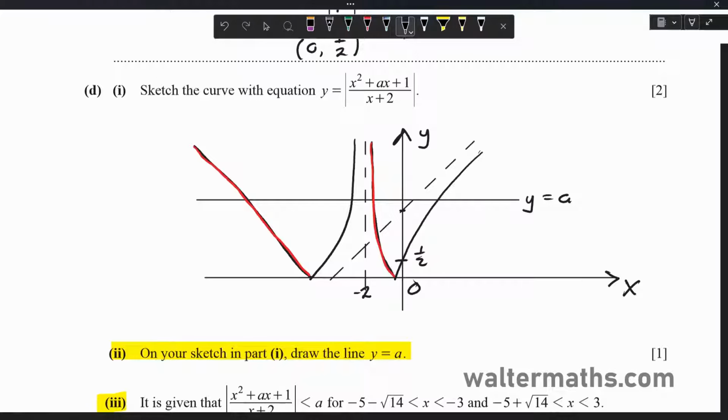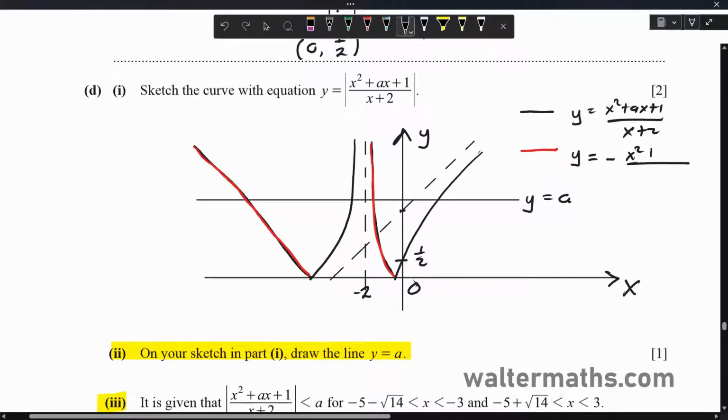The ones represented by the bold black line are the ones for y is equal to x squared plus ax plus 1 over x plus 2. And the ones in red, which are reflected, are minus of x squared plus ax plus 1 over x plus 2. Those are the two line segments we got.